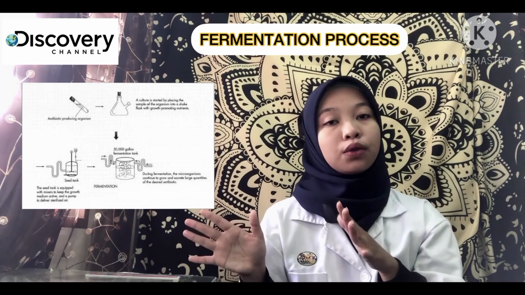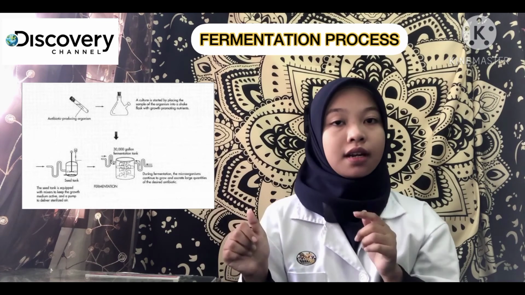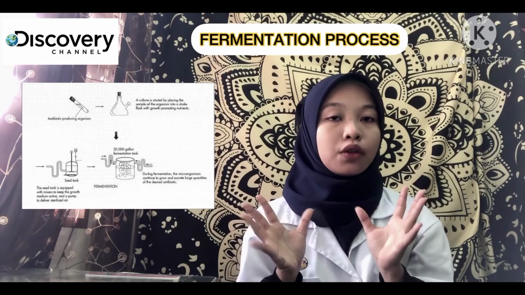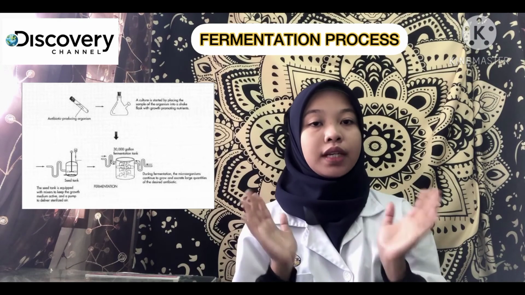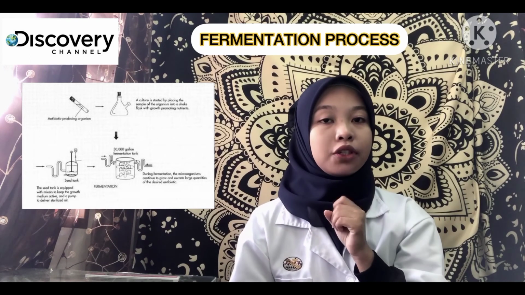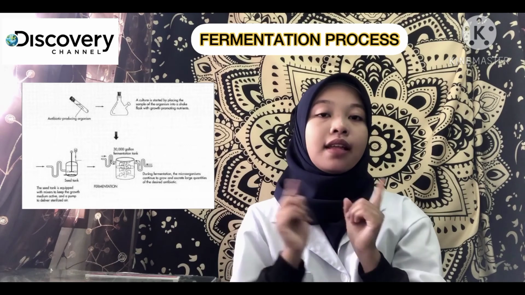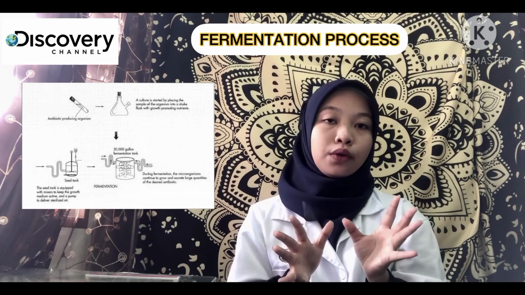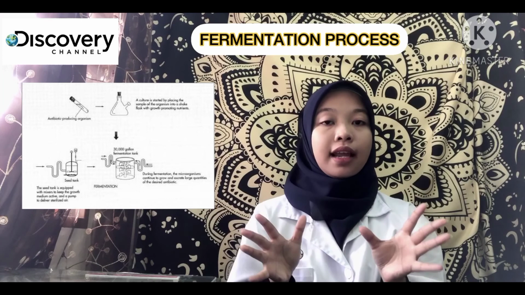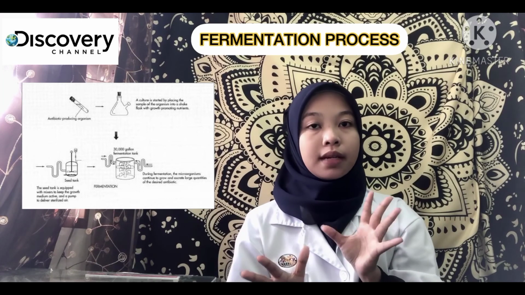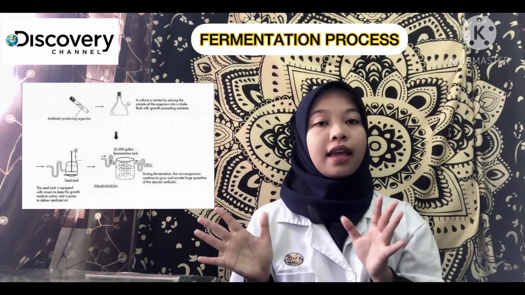Microorganisms are allowed to expand and reproduce here. They excrete a huge amount of the desired antibiotic during this process. To maintain the temperature between 73 and 81 Fahrenheit, the tanks are cooled. The contents are consistently agitated, and a steady stream of sterilized air is injected into the tank.